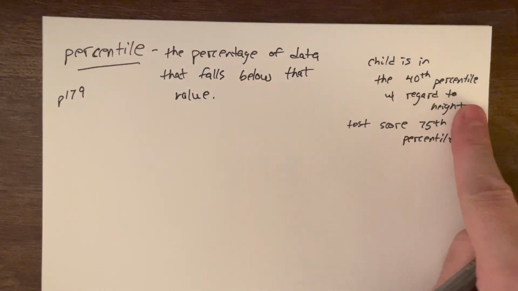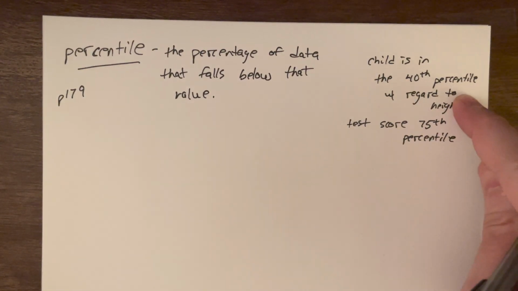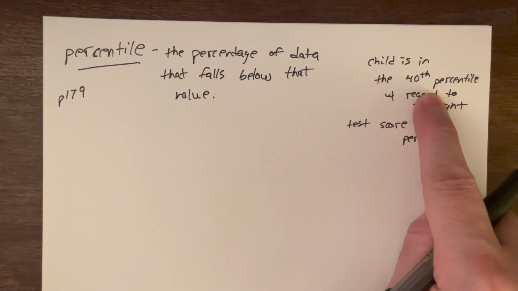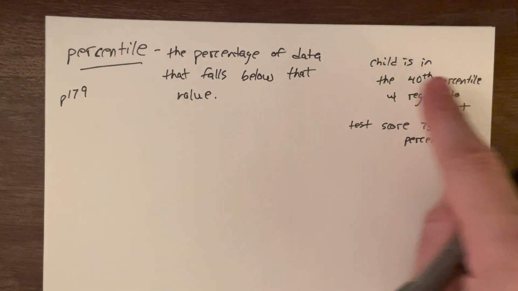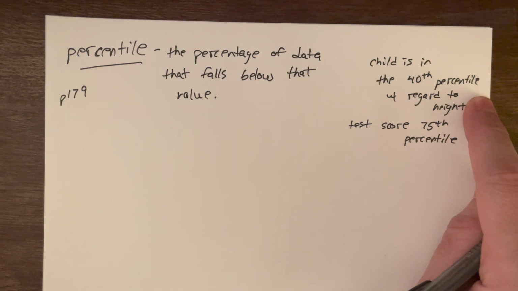So your child's height, you've got a young child, they are now 23 inches tall. If you're told they are in the 40th percentile, that means at 23 inches tall, they are taller than 40% of the other children of that age, which means that they are then shorter than 60%.